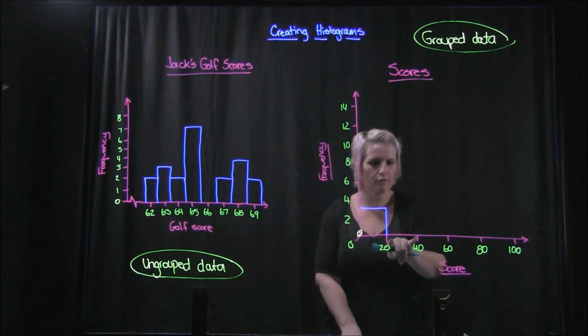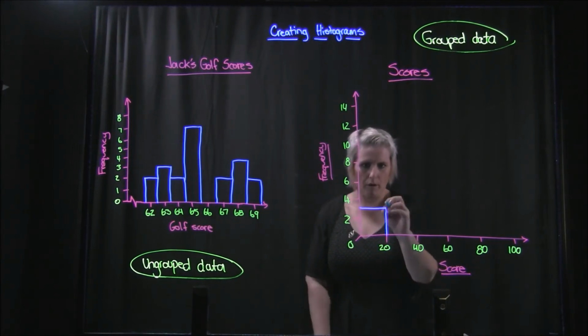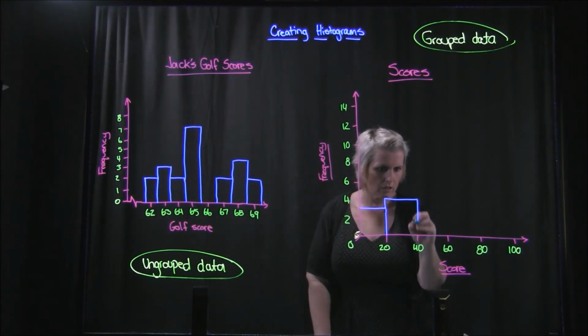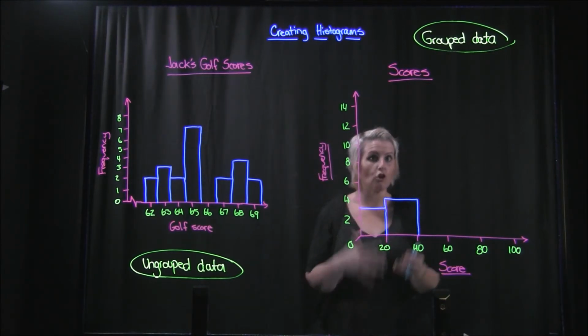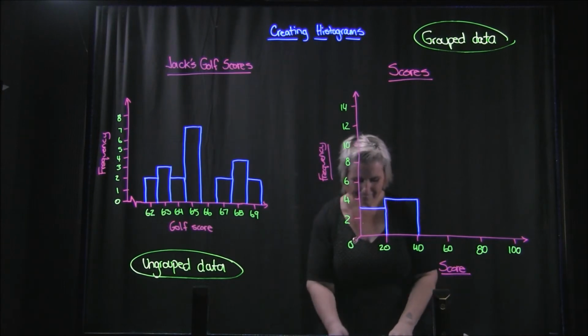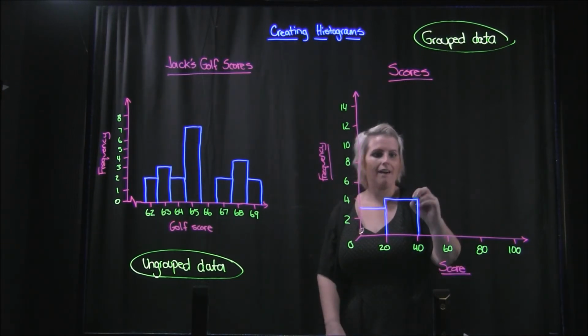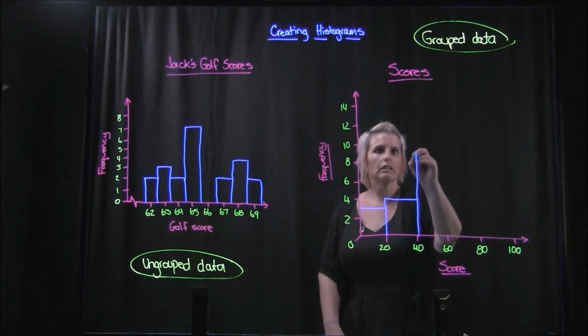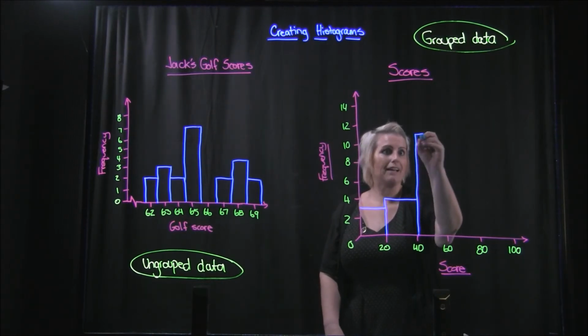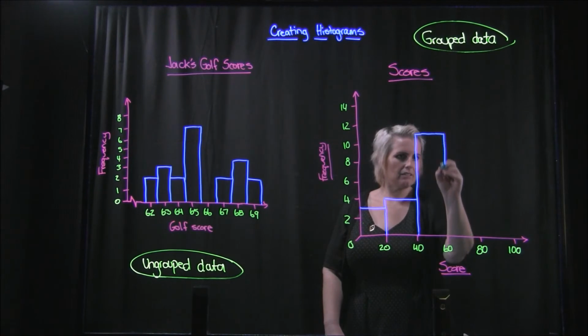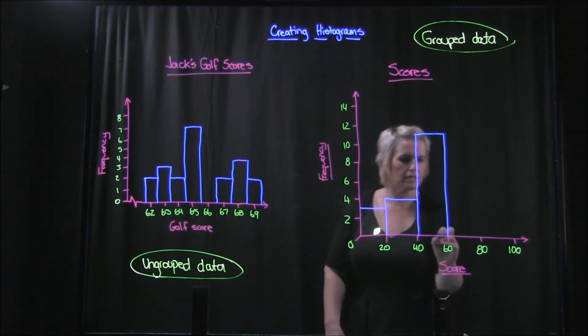Next, from 20 to 40, we've got 4. Four of them got 20 to 40. 40 to 60, here we go up to 11. So that's about 11, and again our column goes from 40 to 60.